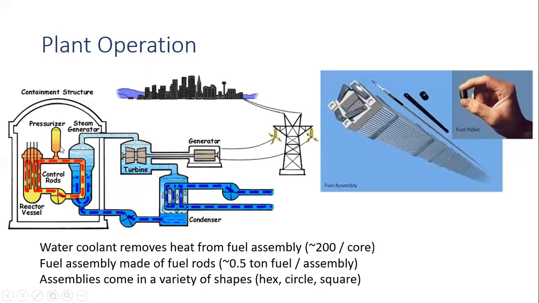BWR, boiling water reactor. Next one is the PWR, pressurized water reactor. Next one is the heavy water reactor. And some other reactors are there for generating steam energy. This reactor vessel is the heart of a nuclear power plant.